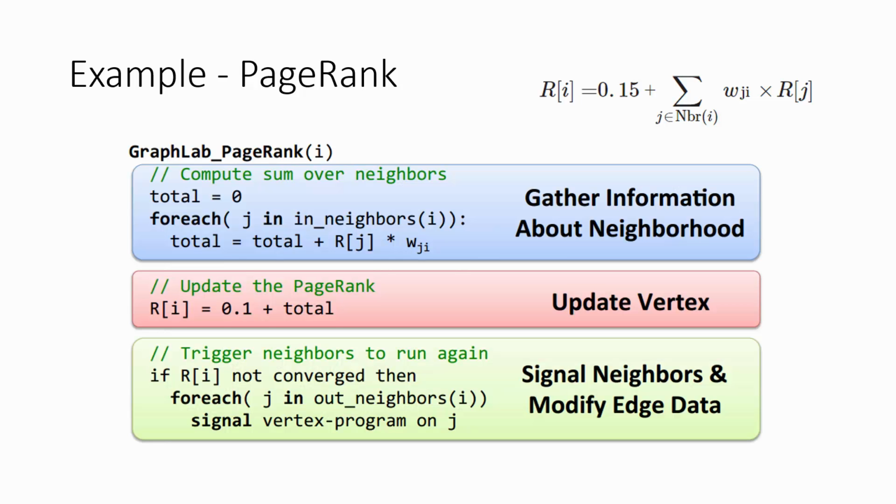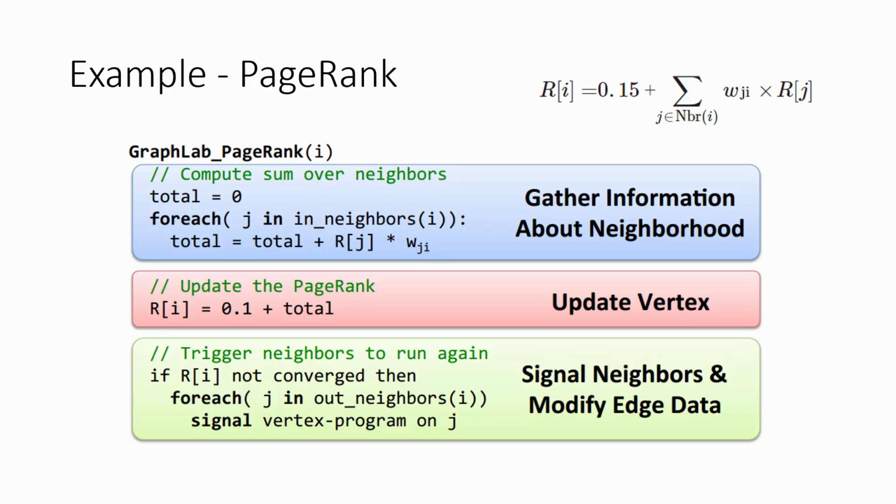So in the first phase, we gather information about the neighborhood. We initialize a variable called total, and for every vertex j that is a neighbor of vertex i, we compute the total to be the rank of those vertices times the weight of the edge that connects this vertex to its neighbors. So we compute a new total.